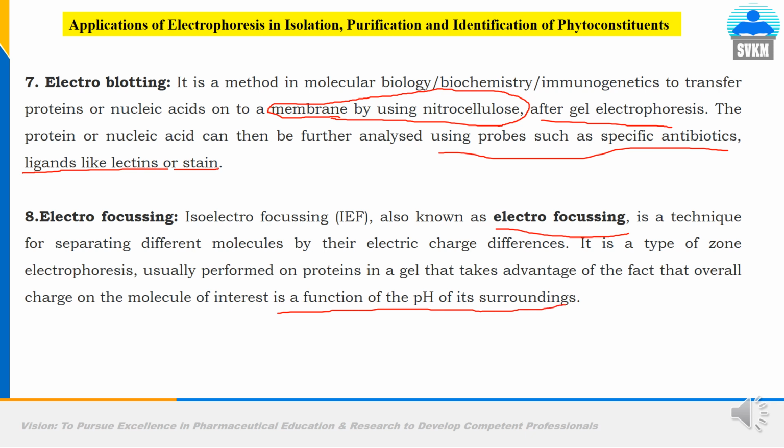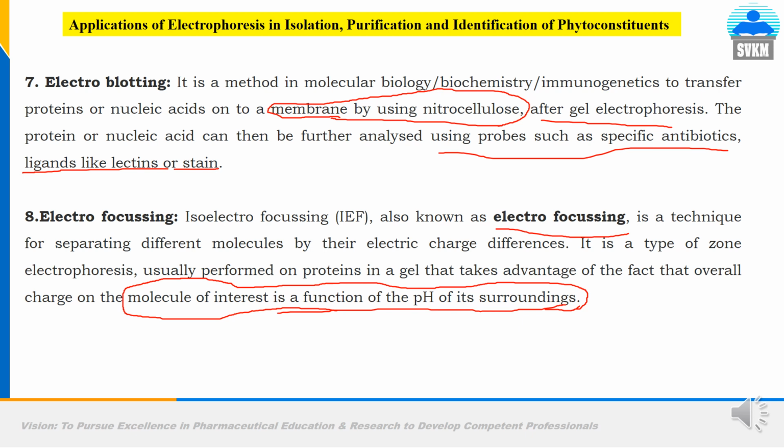So it is mainly based upon the fact that a change in the pH of the surrounding will change the separation of the charged molecules from the mixture of compounds, and thereby you can easily separate such mixtures of compounds which are more pH dependent. Though we are providing a sufficient and effective electric field, you are still not getting the proper results.